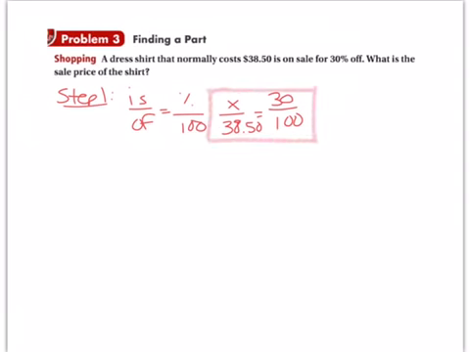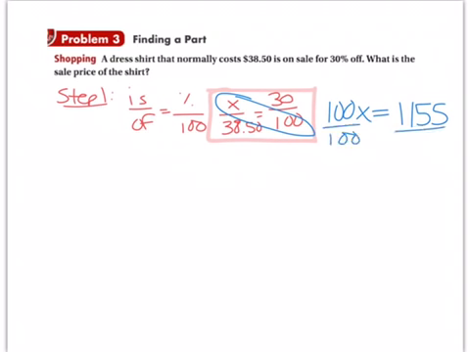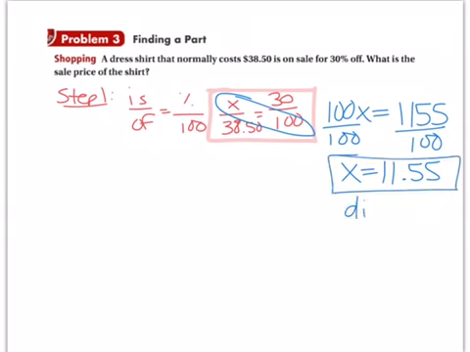As I go to cross multiply, I'm going to have 100x equals 30 times 38.5, or 1,155. Divide by 100, and I get x equals 11.55. Now, that's not the answer. That's just 30% off is $11.55.